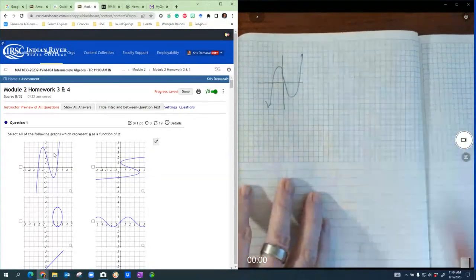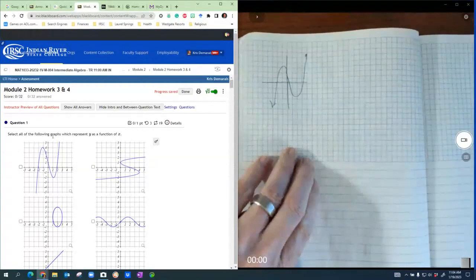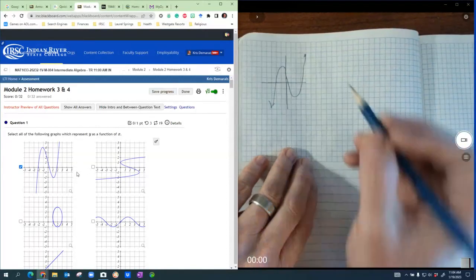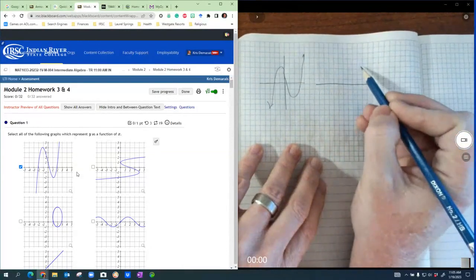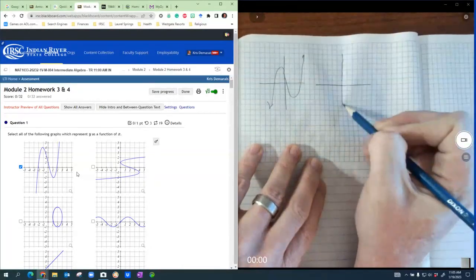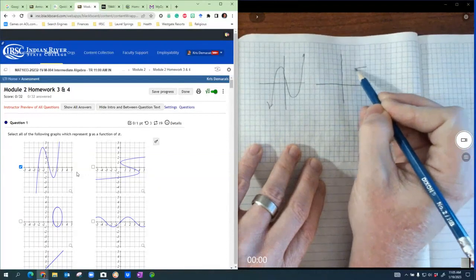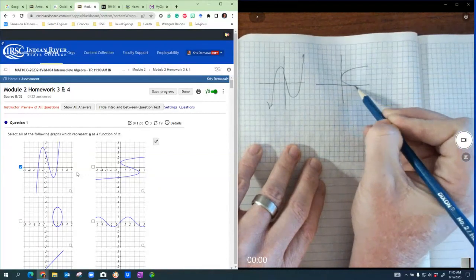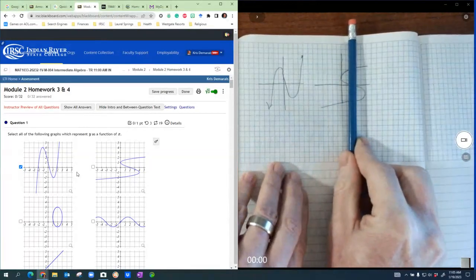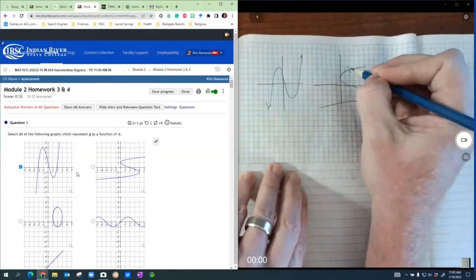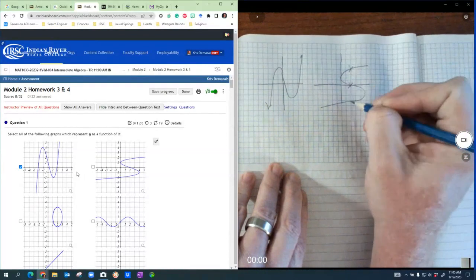Now, this one says select all the following graphs which represent y as a function of x. This represents y as a function of x. Whereas this one right here does not, because if you take your pencil or some kind of straight edge and hit the graph at this point, you'd be contacting the graph at this point, and this point.